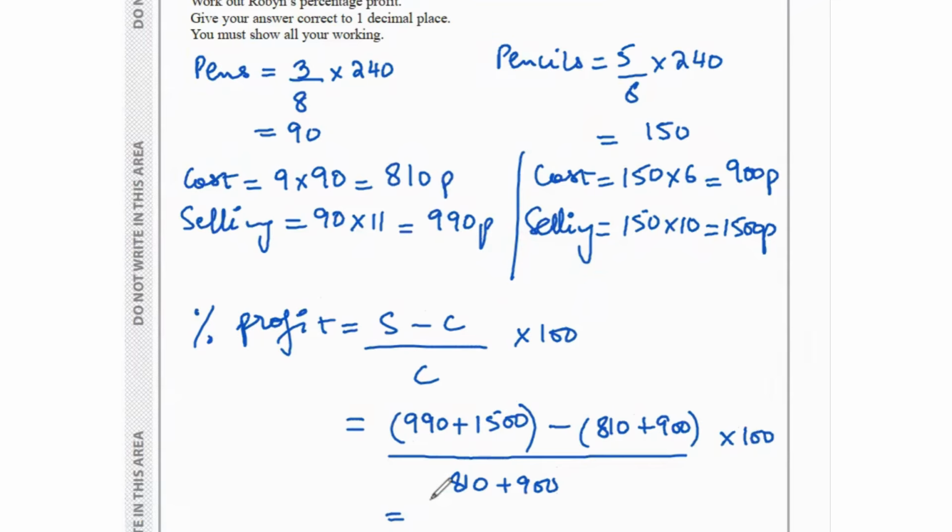That's going to be 45.6% correct to 1 decimal place. That is your percentage profit. So remember, for percentage profit, it's always going to be selling price minus cost price divided by cost price, and then you times the fraction by 100.